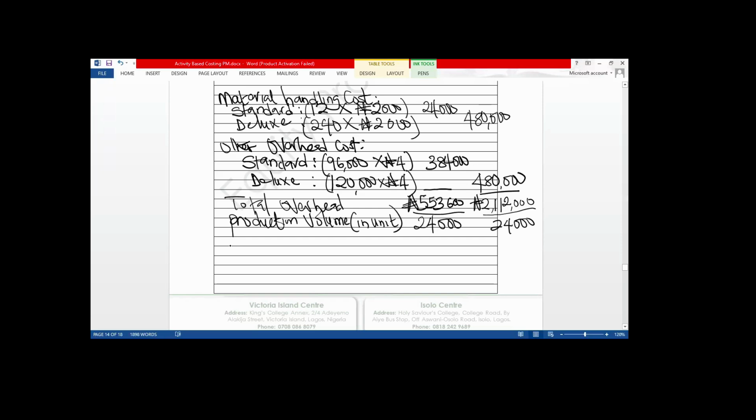Can I say overhead rate per unit? This is equal to 23.1, approximately 23.88 naira.